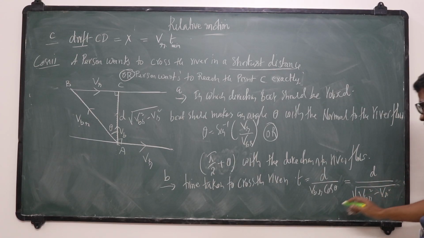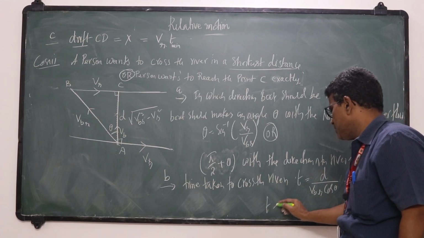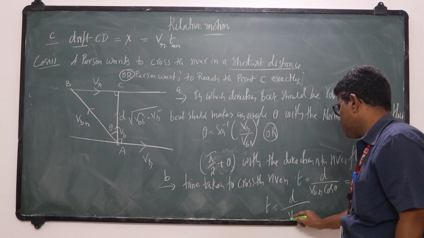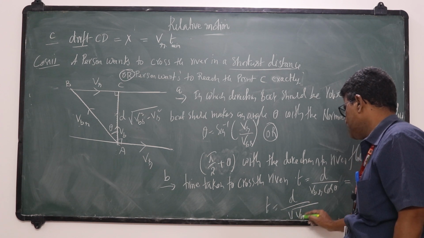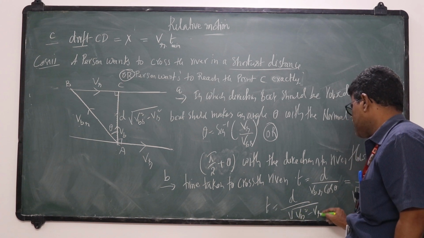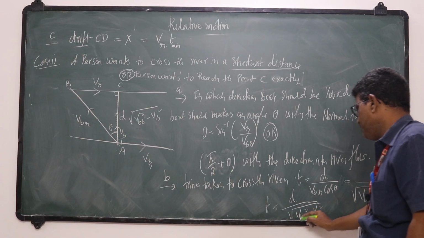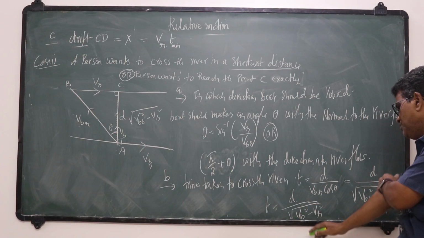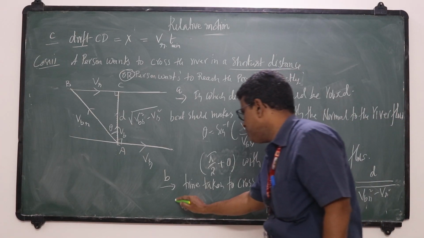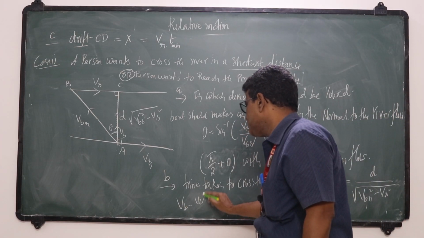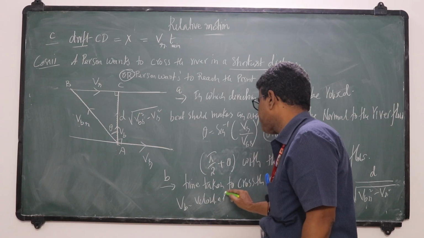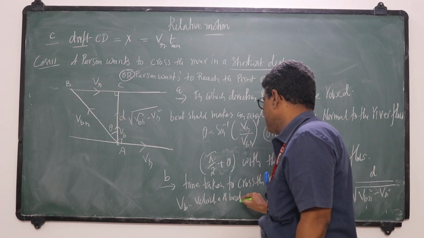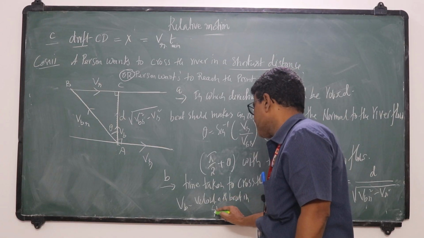We can use this one, or d by the square root of VB square minus VR square, where VB is the velocity of the boat in still water.